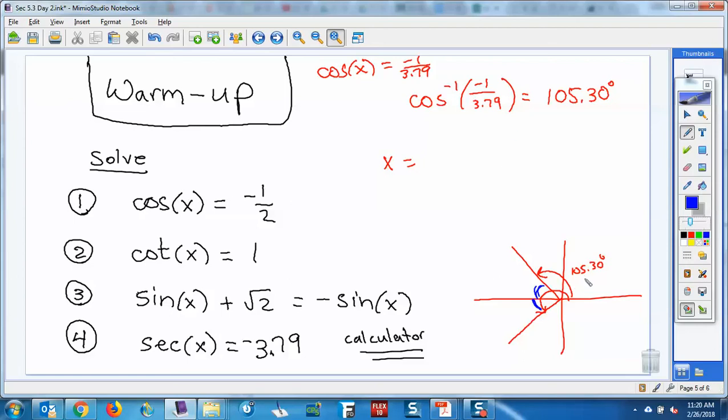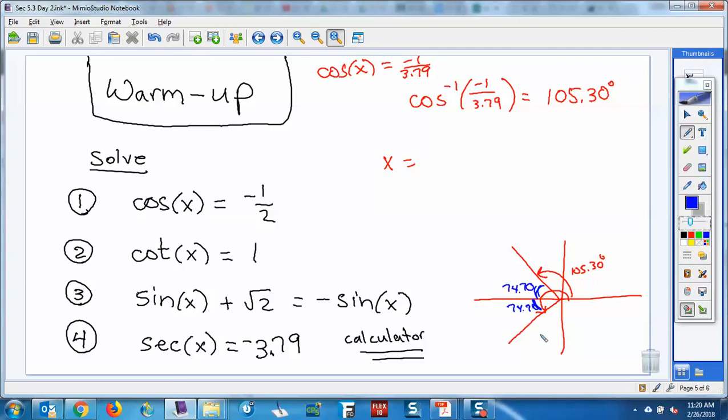So we need to do 180 minus 105.3, which is 74.70. It's probably good not to round. In other words, when we do the 180 minus, it's probably better to bring back that previous answer, but it's not huge. I want your final answer accurate to 2 decimal places. So that means this is going to be 74.70.